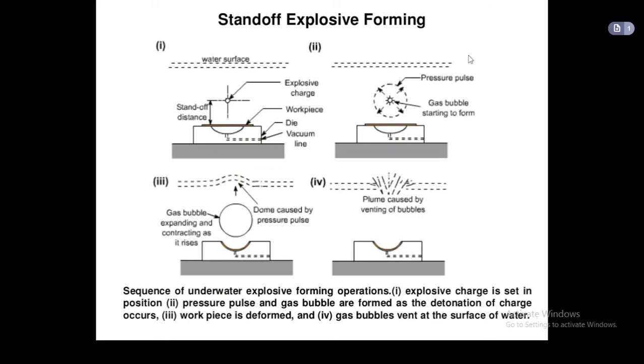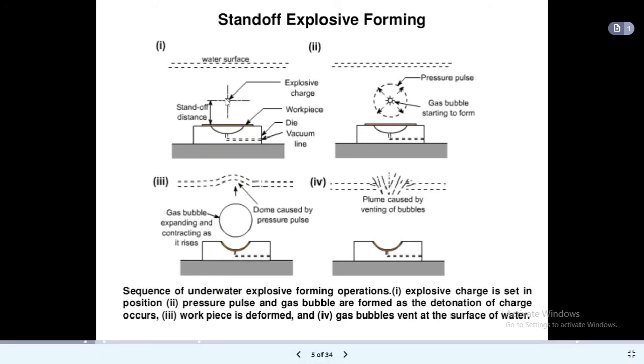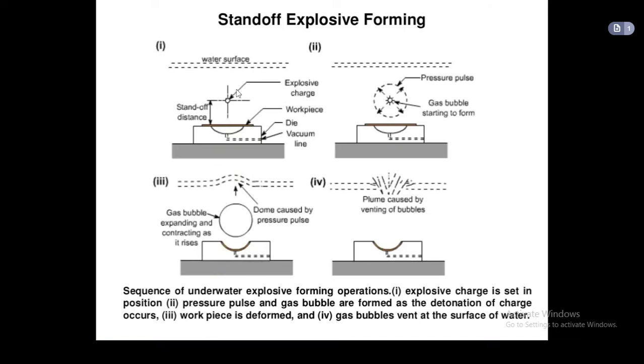Then there is the amount of charge, how much charge should be taken. The amount of charge depends on the yield strength of the material, the blank thickness, meaning the thickness of the workpiece, and the central height that we need to form.